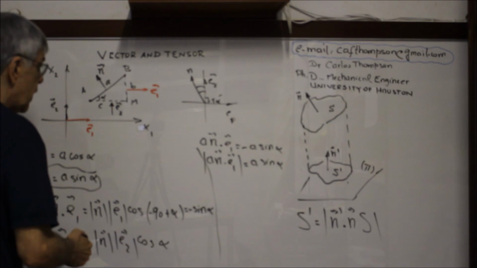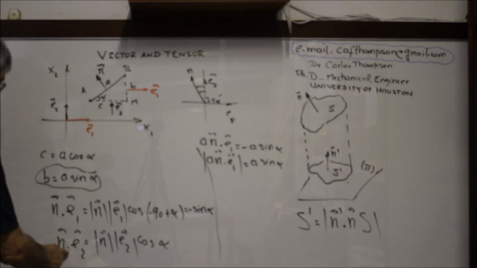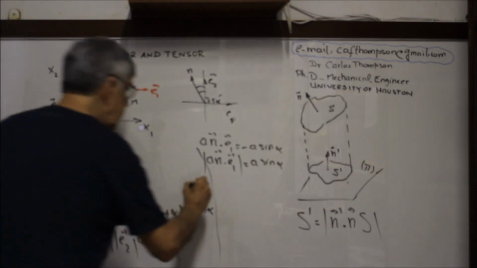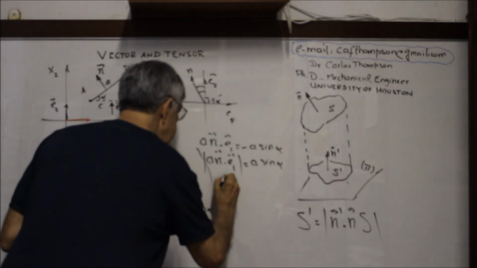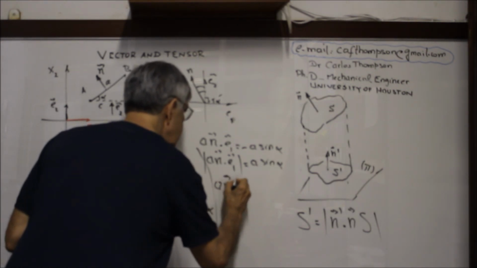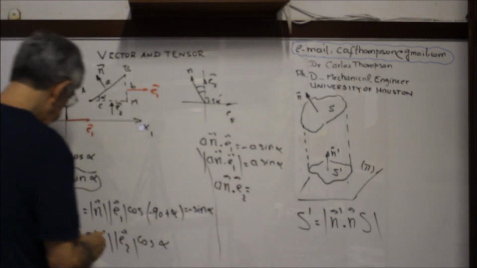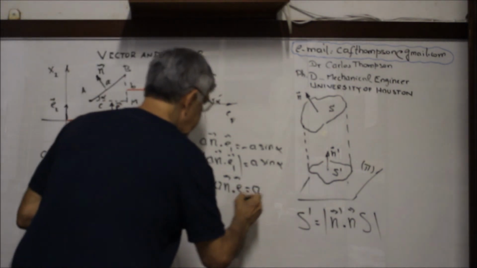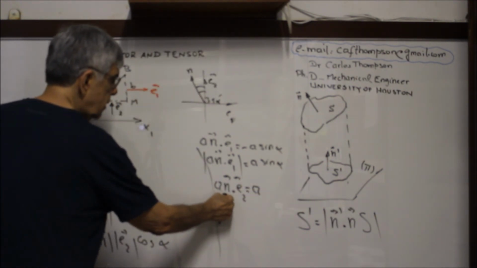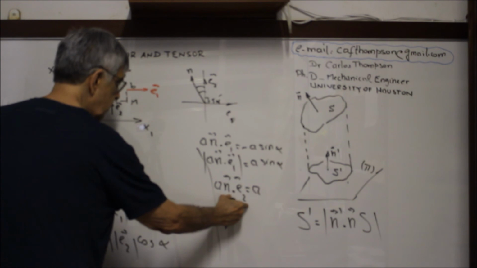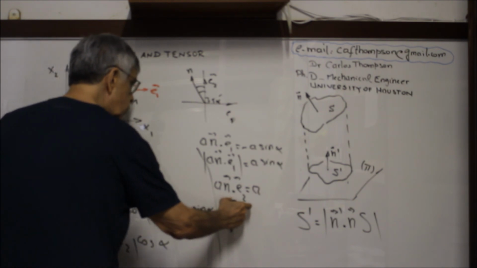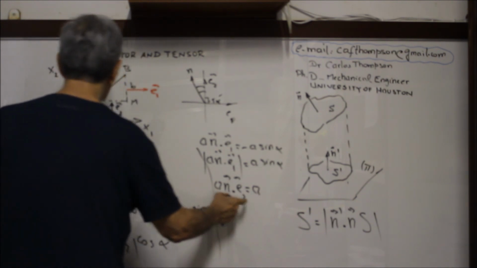Now, I multiply here by A. So A n dot E2 is equal to A, where the magnitudes of n and E2 are 1. What is the angle between n and E2?